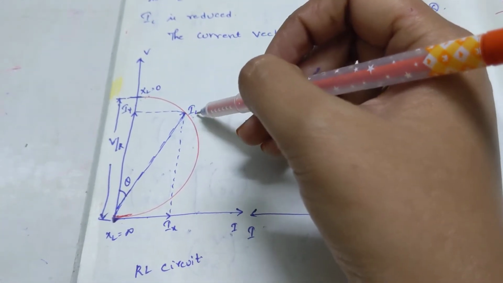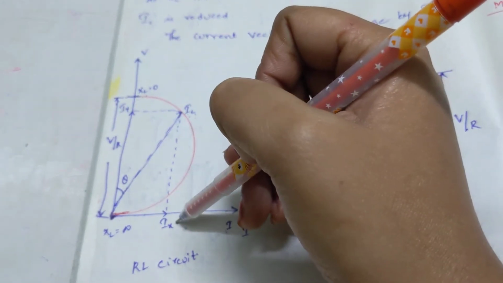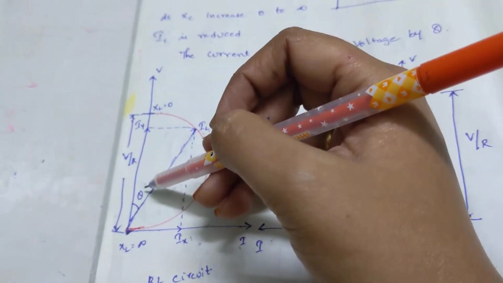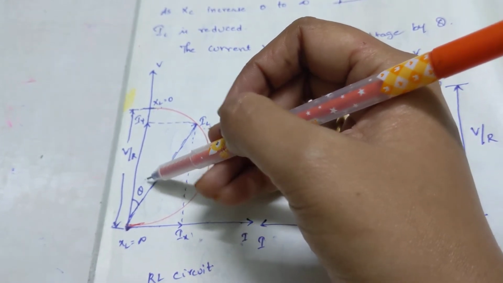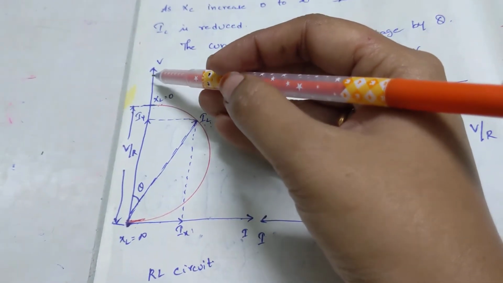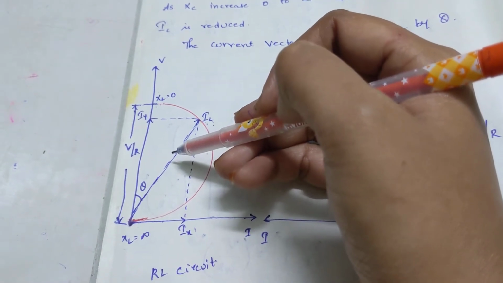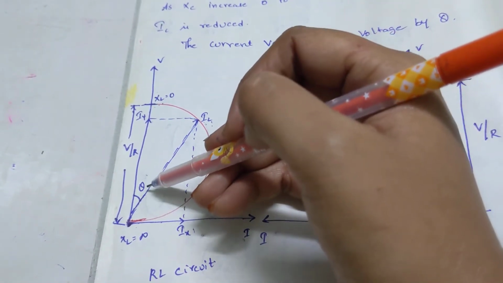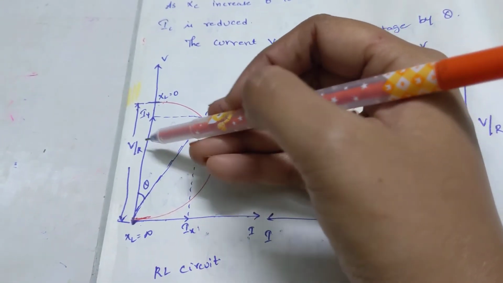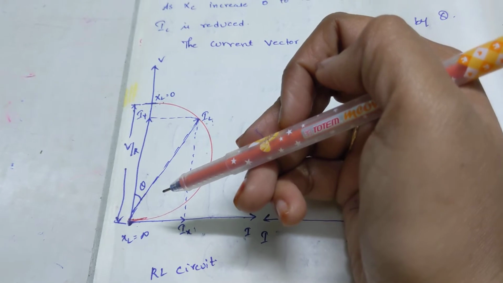So the projections of this phasor on the x-axis we give as Ix, and on the y-axis as Iy. I already stated that the current is lagging by theta with reference to your voltage. So when I consider this, the projections give the sin theta as well as cos theta terms.